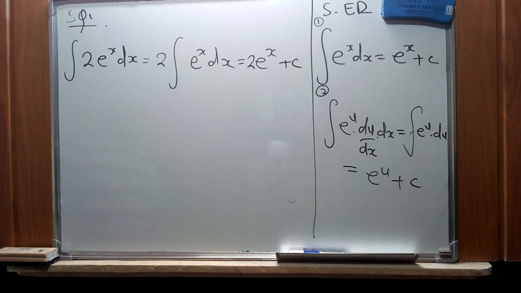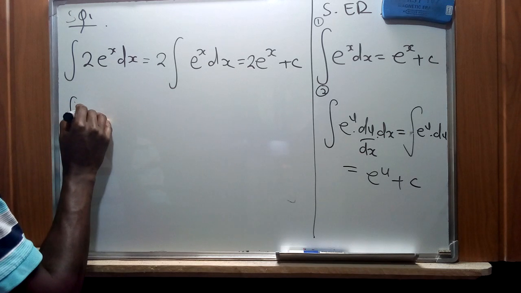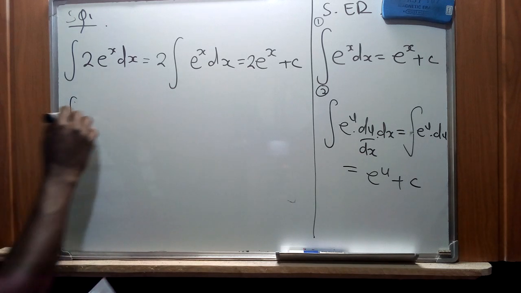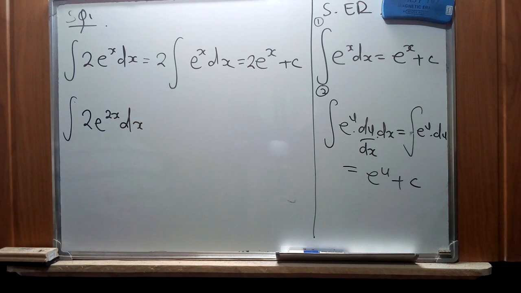So that's going to be the answer using the simple exponential rule, 2e^x plus c. Now suppose we have an integral of this form: the integral of 2e^(2x) dx. In this case we're going to use a different strategy.